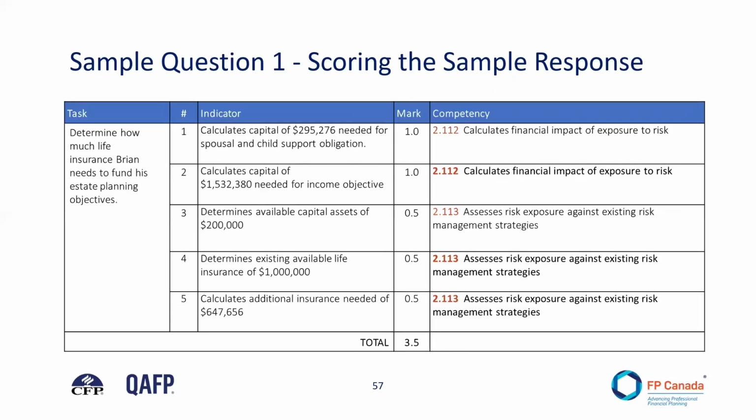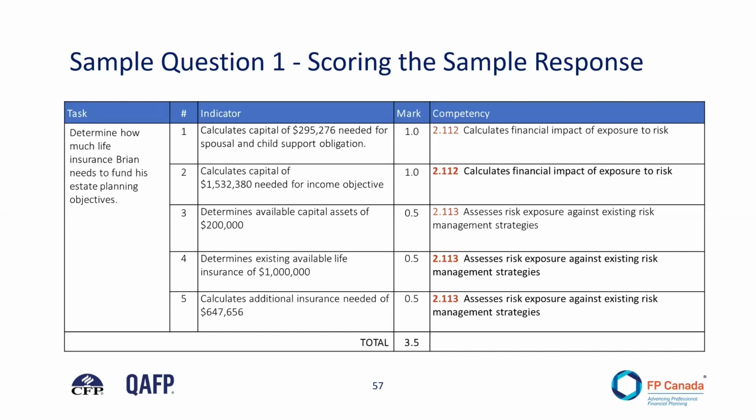Now, let's see how this response ties to the demonstration of competent performance in doing the task detailed on the competency profile. By correctly answering these questions, candidates have demonstrated that they can apply the information given in the case narrative to analyze how much life insurance Brian needs to meet his estate planning objectives.